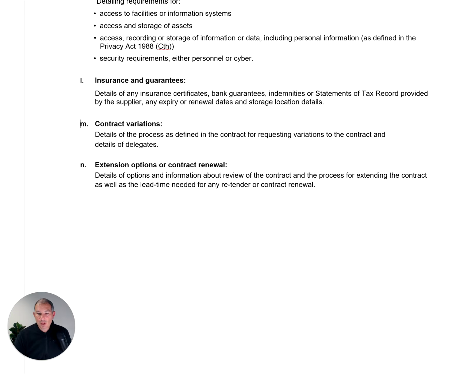The problem then arises in terms of you want to actually record every variation. So every variation that's ever signed between the parties about your contract, you want to keep a record of that variation. And then not only that, but every time you do a variation, you want to do two things. You want to mark up the contract showing the latest round of changes, and also provide a clean copy as at that date.